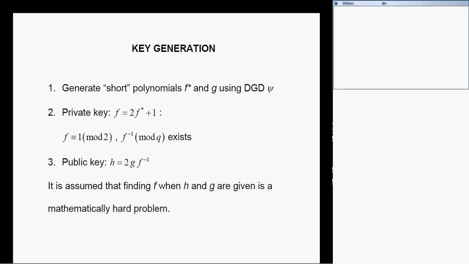We generate two polynomials. We had a discussion in lecture 2: polynomial and ideal lattice are two equivalent concepts. You can think of it as an ideal lattice, in other words a vector, or you can think of it as a polynomial. Those two are equivalent.